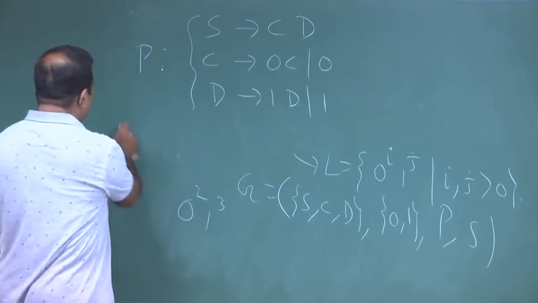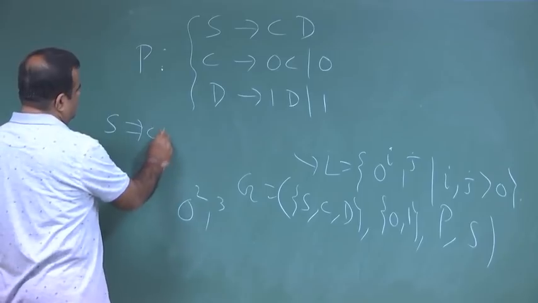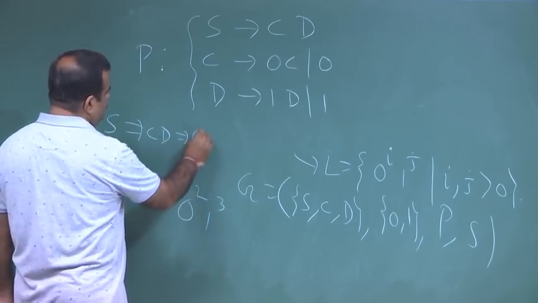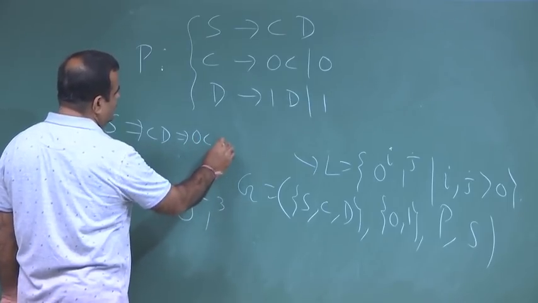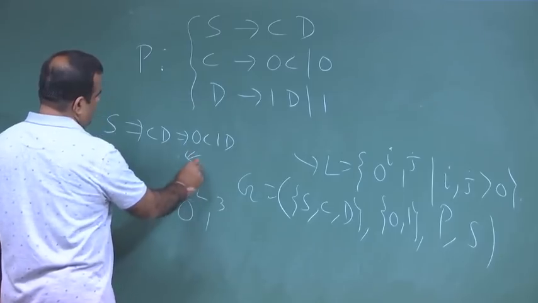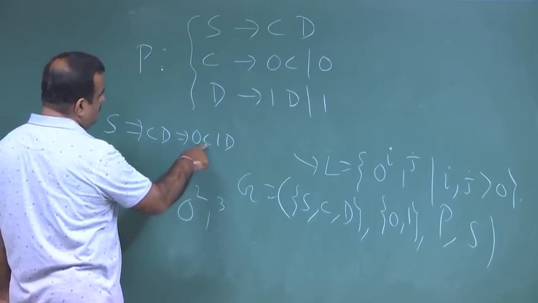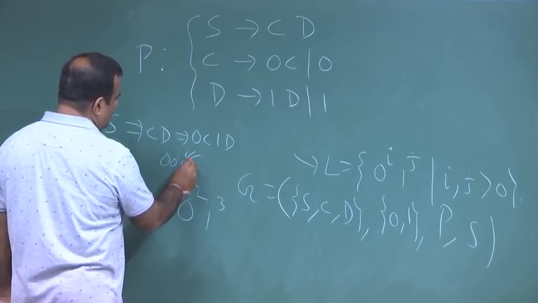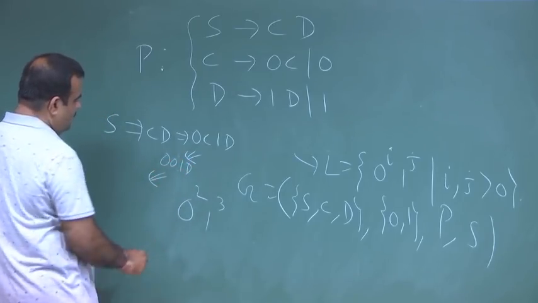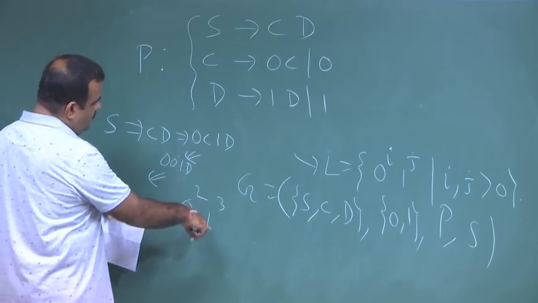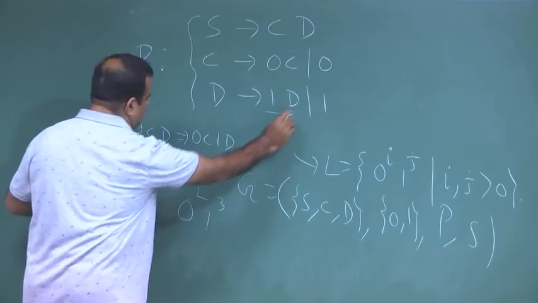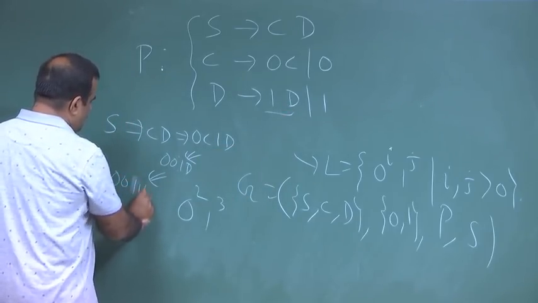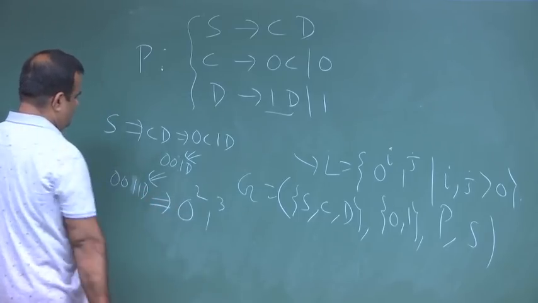We start with S, then C D. Now, C is going to 0 C and D is going to 1 D. Now, C is going to 0 0 and 1 D. Again D is going to this, we have to have one more 1, so we can apply this again: 0 0 1 1 D. Now, D goes to 1.